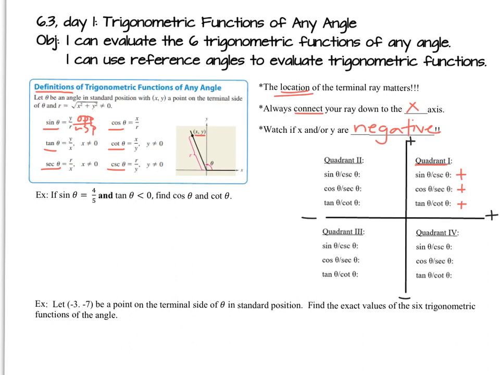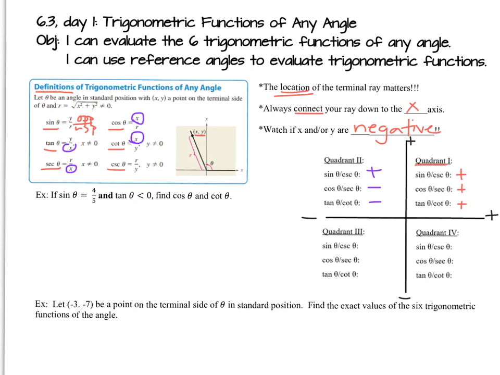For example, we've got cosine, tangent, cotangent, and secant. If x is negative on the left, those terms will all have a negative in the fraction, which means their trig definitions are negative in quadrant 2. The only 2 that are positive are sine and cosecant, because sine will stay positive on that y value.